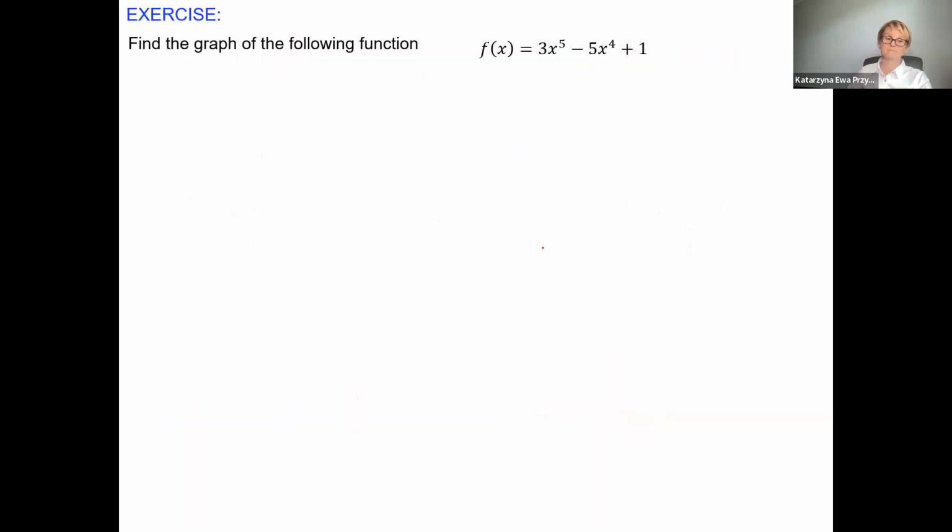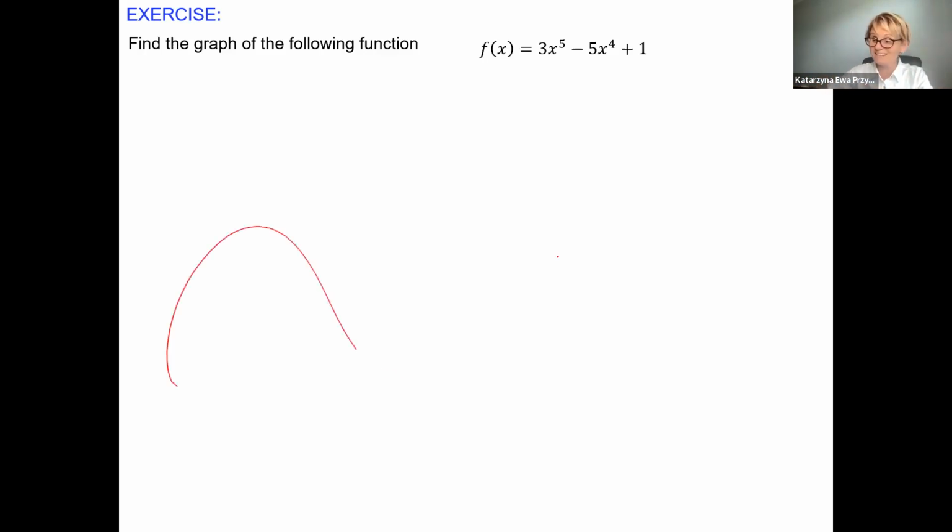Let's do this one. Find the graph of the following function, because this one is a relatively easy function. Of course, if we ask a similar question, we will provide 5 graphs. I don't have them, but I just want to roughly get the graph, not the exact graph. This is just a polynomial.